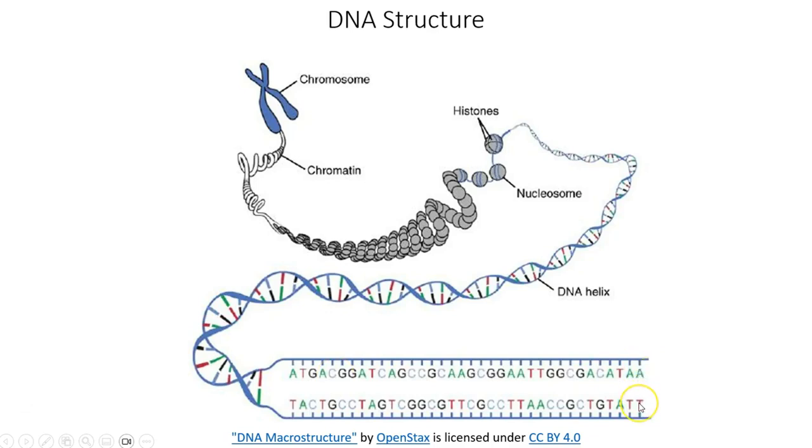And so A and T will always be linked together, and then C and G will always be linked together. So T and G would never link together, A and C would never link together. There are specific pairings for these based on the molecule structure of each of these bases or nucleic acids.